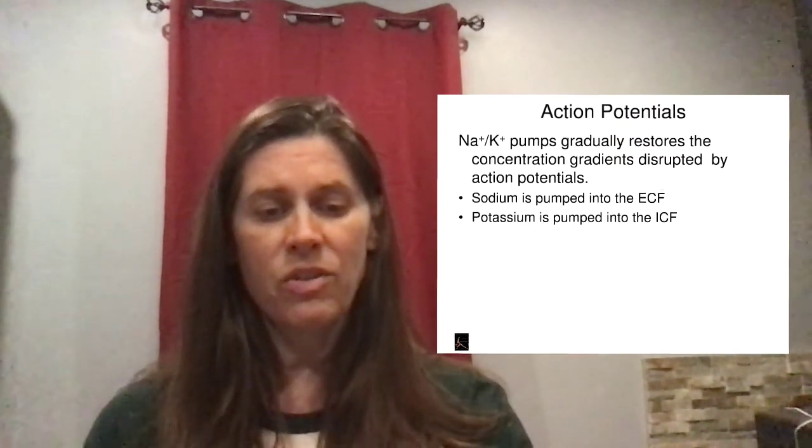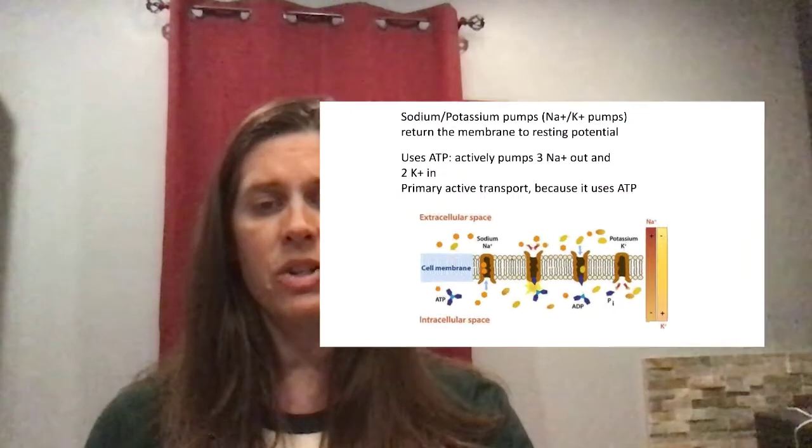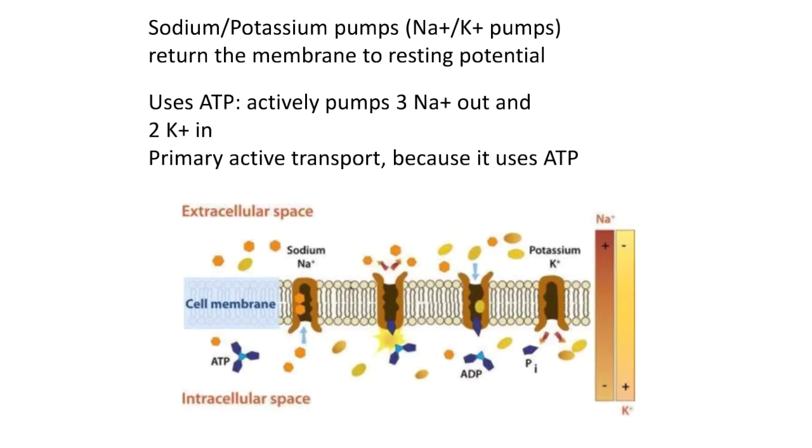The next slide will show you that a little bit better. This is what's returning the membrane back to resting potential. These are scattered throughout the membrane. They're always running, but once the voltage-gated sodium channels and the voltage-gated potassium channels close, these sodium-potassium pumps can catch up.